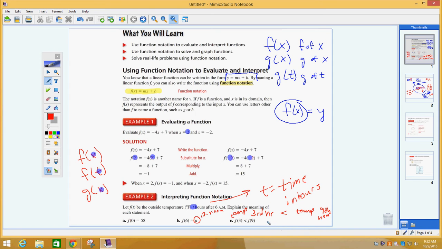Or in other words, the temperature at 9 a.m., that's the 3rd hour starting at 6 a.m., is less than the temperature at the 9th hour, which would be 3 p.m. And it should be on most days. Sometimes it's not, but on most days, for this situation it is. The temperature at 9 a.m. is less than the temperature at 3 p.m. So that's how we would interpret that function notation.